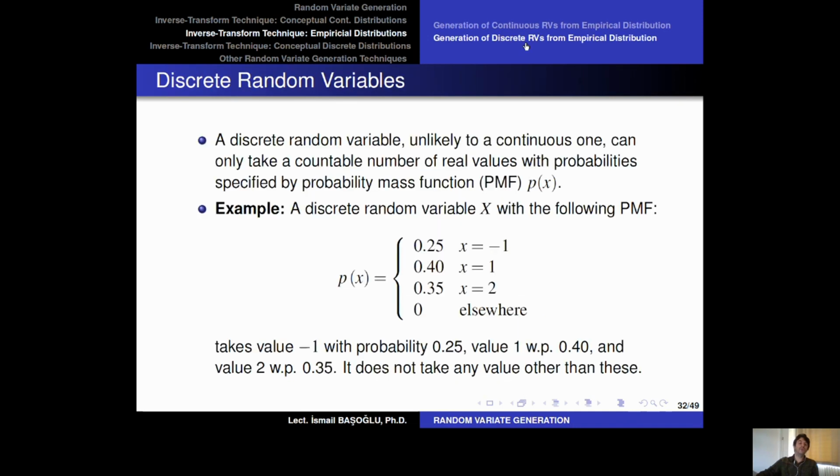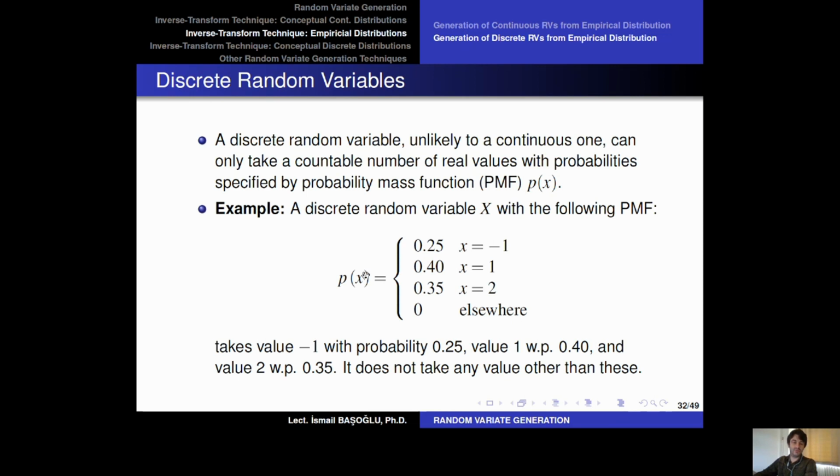Now, at this point, we will learn how to generate random variates from a discrete empirical distribution. So what is an empirical distribution for discrete random variables? It is basically a type of probability mass function, any kind of probability mass function. However, it should not follow a known distribution.